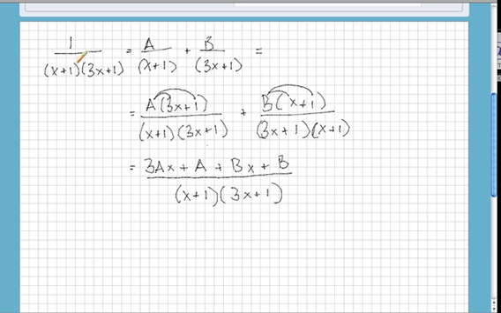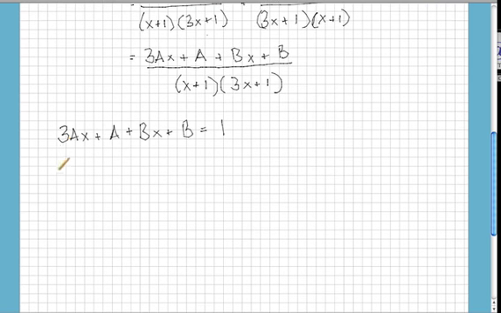So if you look at the left-hand side and the right-hand side of this equation, they now have the same exact denominator. For the purposes of our computations, we can just go ahead and pretend like that denominator isn't even there. So let's take the numerators of both the left-hand side and the right-hand side of our equation and set them equal. So 3ax plus a plus bx plus b is equal to 1.